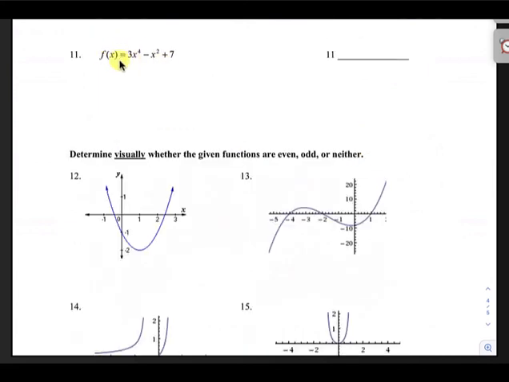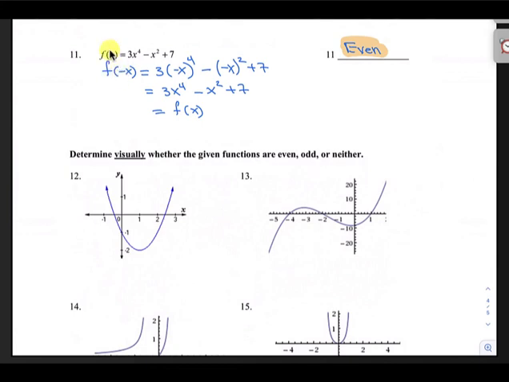All right, and here's number 11. So we have 3x to the 4th minus x squared plus 7, and we're trying to see if it's even, odd, or neither. So we use the same process. We need to replace all of the x's with negative x. When we do that, negative x raised to the 4th power is going to be positive, so that'll be 3 times positive x to the 4th.